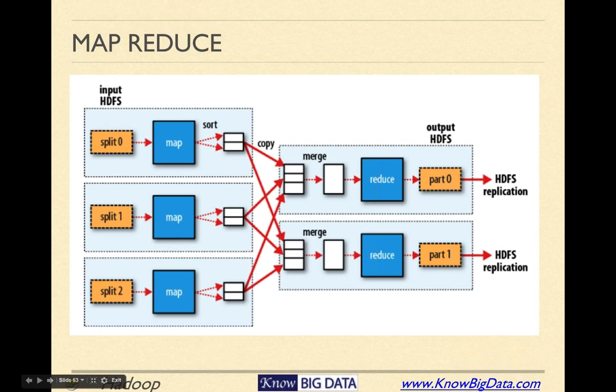When we wanted to store large files in HDFS, HDFS broke that file into blocks, and it also replicated the blocks on multiple nodes. So we have got multiple blocks, each one having multiple copies.